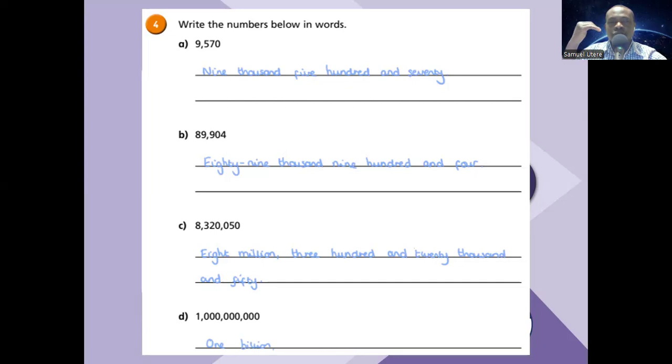So it's going to be 8,320,050. And then here you can see we have 9 digits that come after billion. So in groups of 3, we're going to say 1 billion. There are no other digits that come after that, so we just read it as 1 billion.